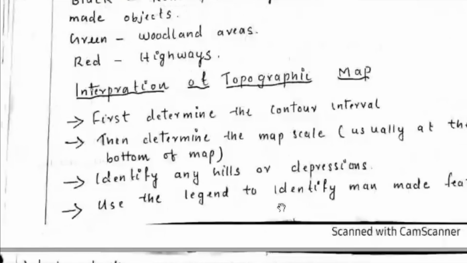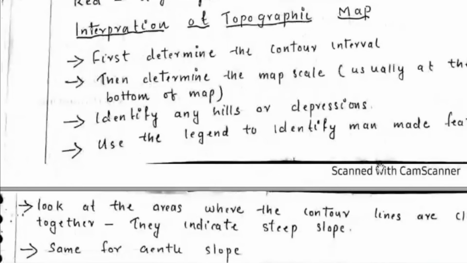Next one. Use the legend to identify man-made features. In the legend, as we observed on the previous page, different legends are shown for different types of maps. A cross symbol denotes churches, hospitals are denoted with a particular symbol, and the benchmark will be denoted.